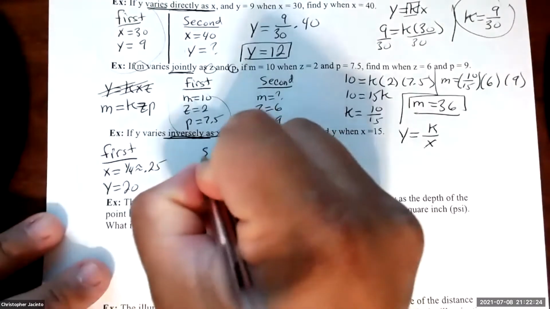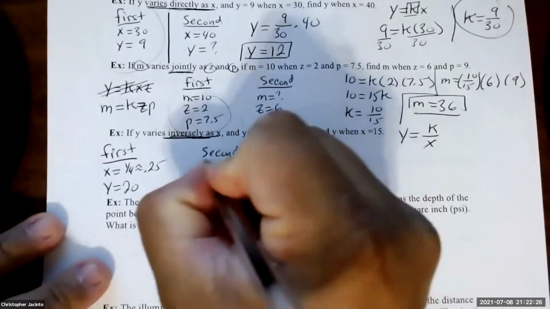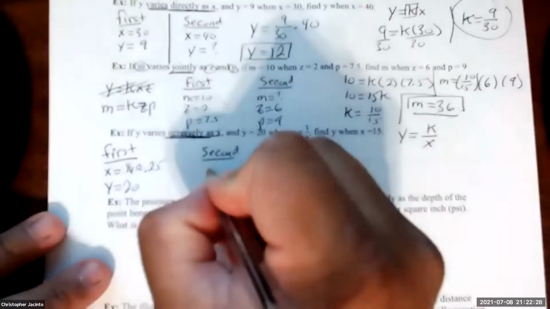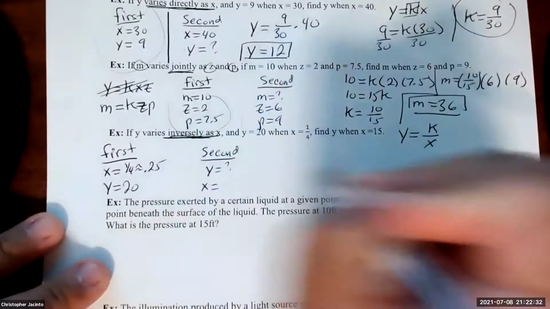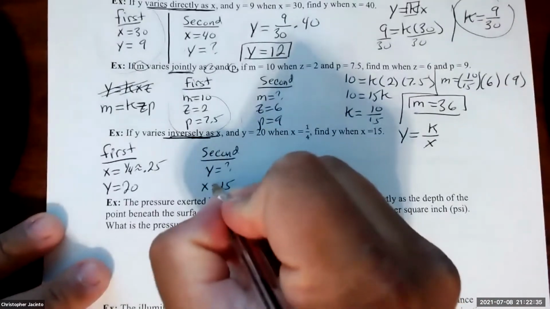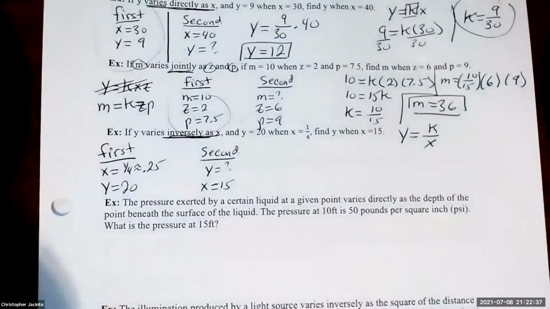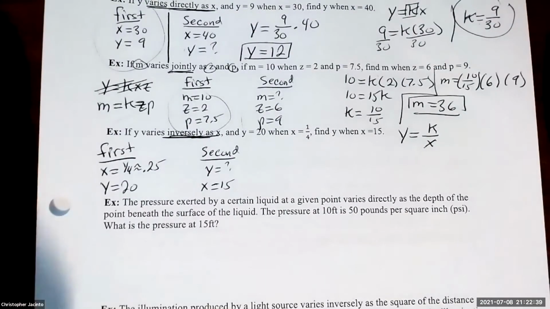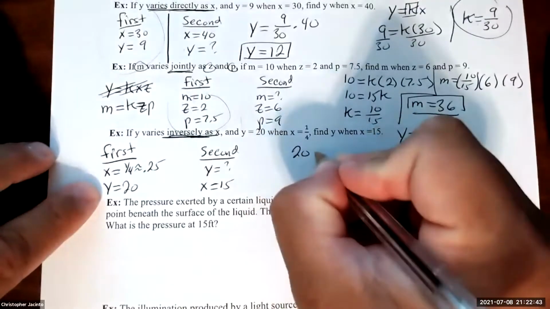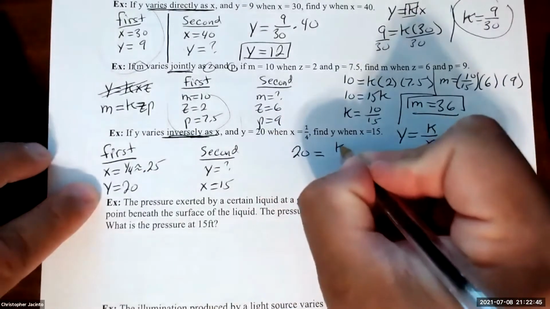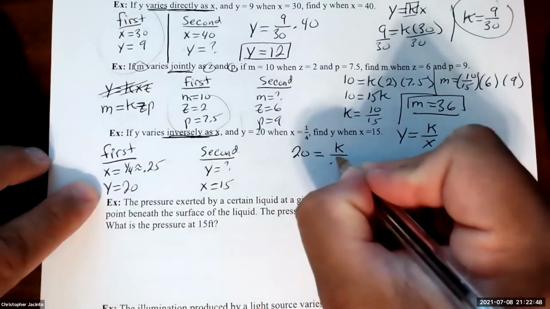Okay, second situation is find y, so we're looking for y when x is equal to 15. Again, same thing. We're going to find k first, so it's going to be 20 equals k over 0.25.